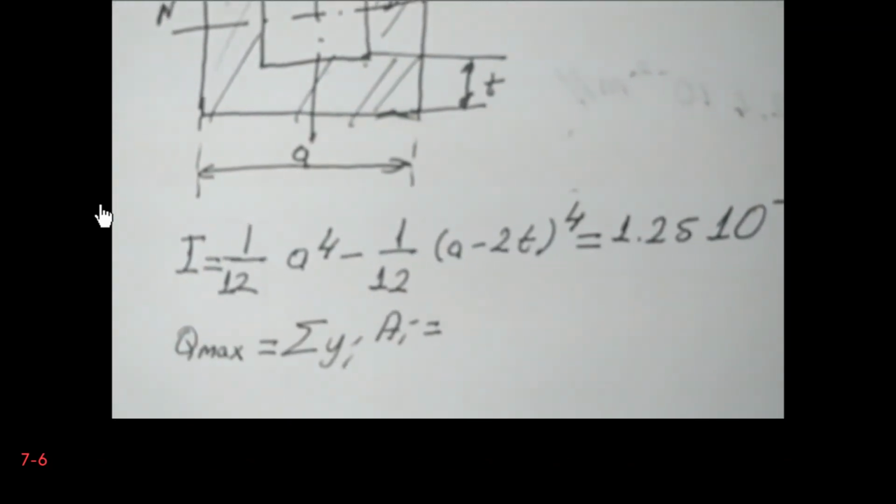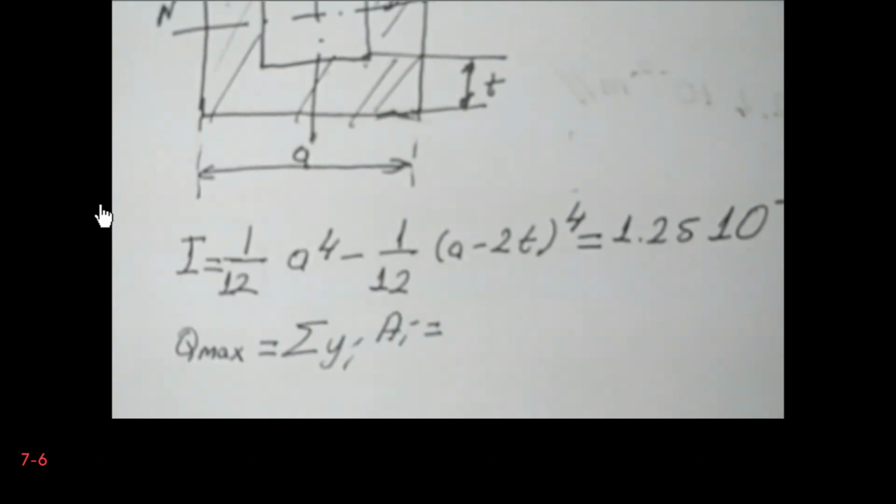So this is a divided by 2 and this distance is t divided by 2. So we can write the first moments of the areas.